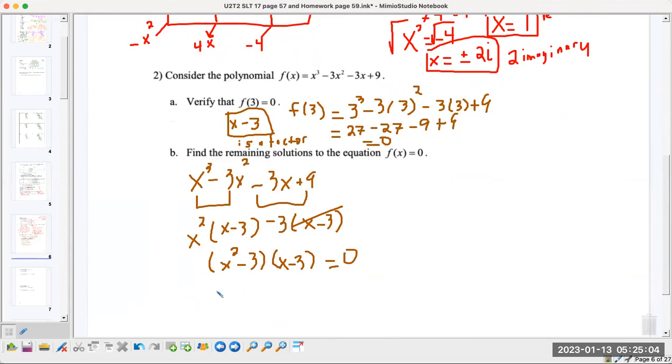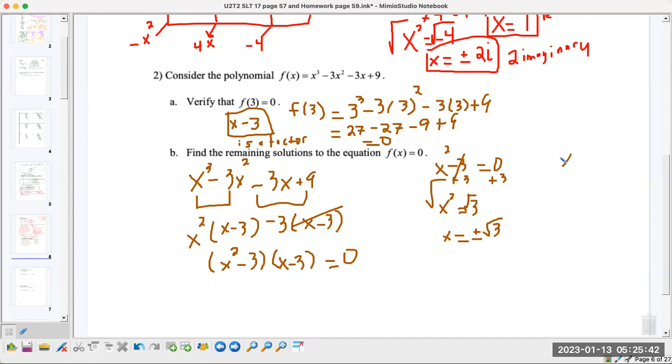Okay, we can go ahead and set each one of these equal to 0. So x squared minus 3 equals 0. Add 3 to both sides. I'm left with x squared equals a positive 3. Take the square root of a positive 3. And you get x equals plus or minus root 3.